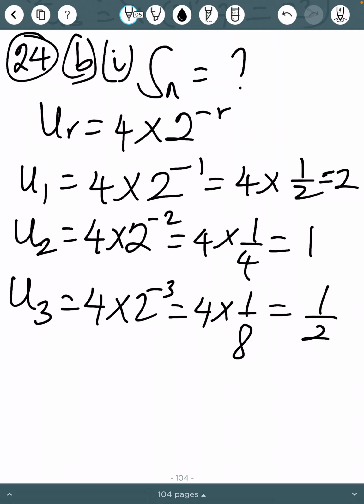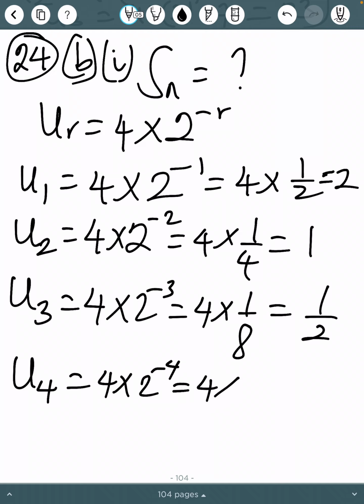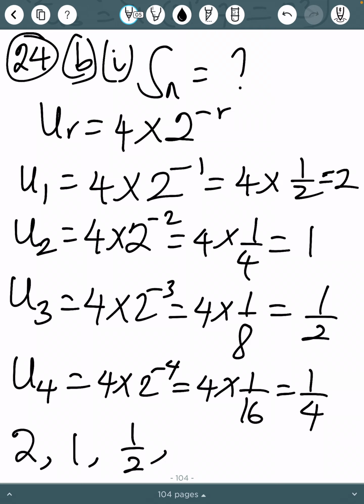And the fourth term, what will be the U4? It means the fourth term U4 will be 4 times 2 raised to the power minus 4, which will give me 4 times 1 over 16, which will give me 1 over 4. So here, we have to find the sum. Now, if you look at this very well, my terms are 2 for the first term, 1 for the second term, 1 over 2 for the third term, and 1 over 4 for the fourth term, on and on like that.